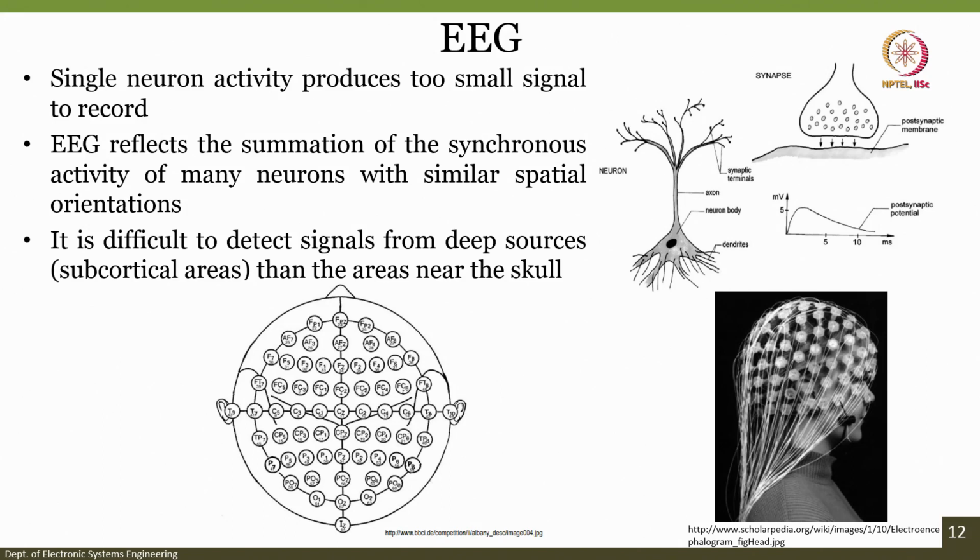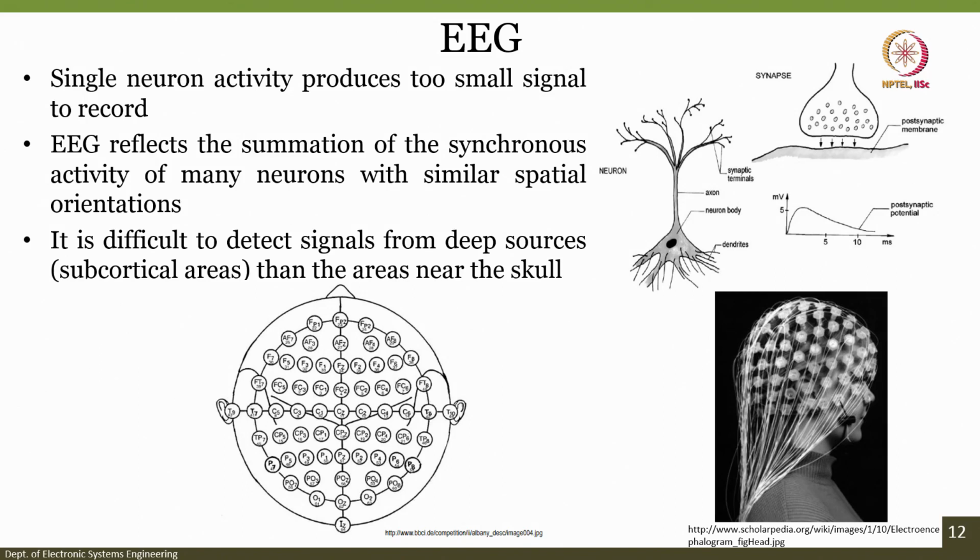But when you go for EEG as a term, then it reflects the summation of the synchronous activity of many neurons with a similar spatial orientation. Another important thing is that it is difficult to detect signals from deep sources like subcortical areas than the areas near the skull.